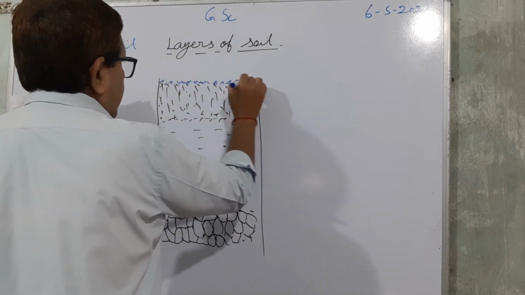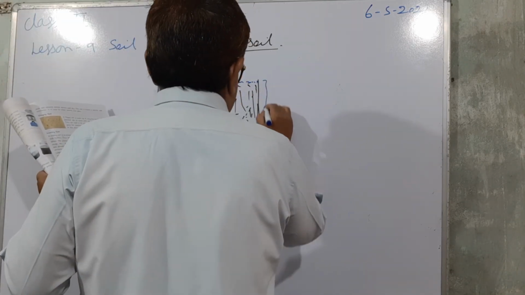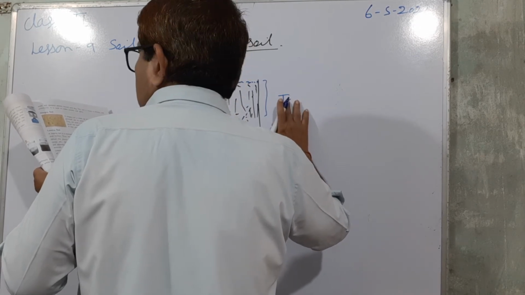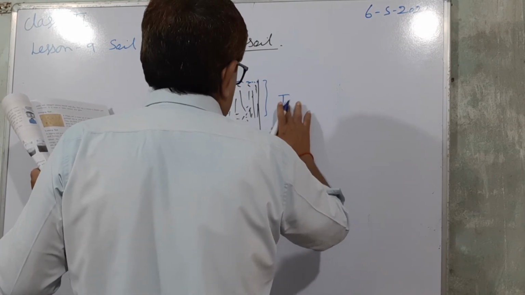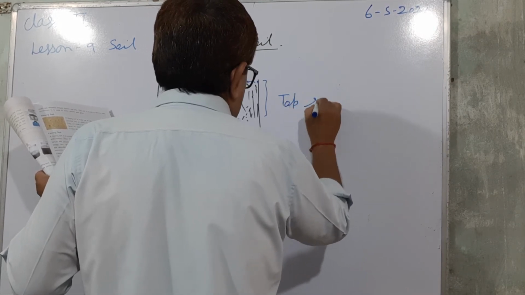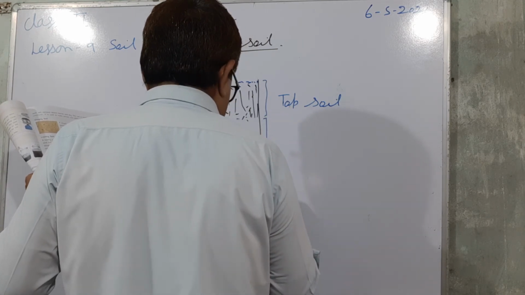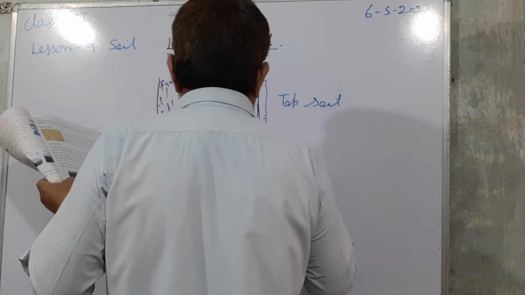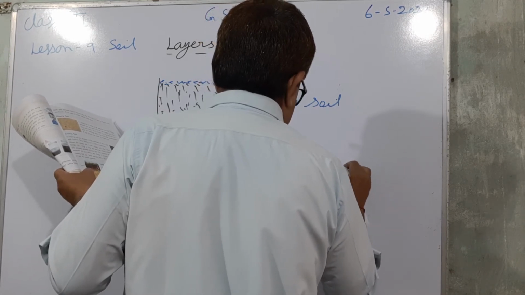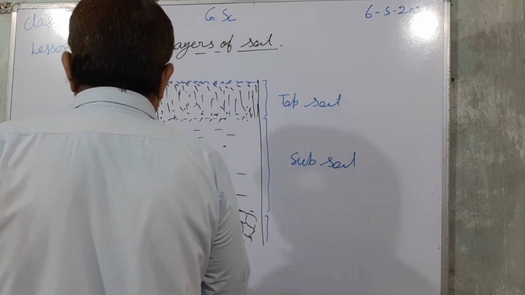Plants grow in this layer. So this layer is called topsoil, and this layer is called subsoil, and this is the third layer, the last layer.